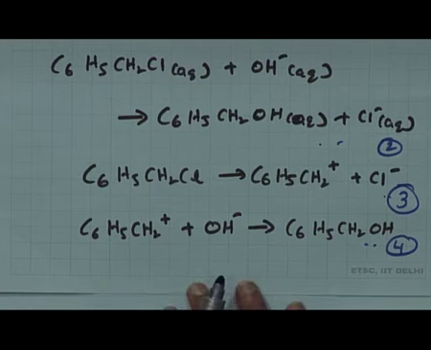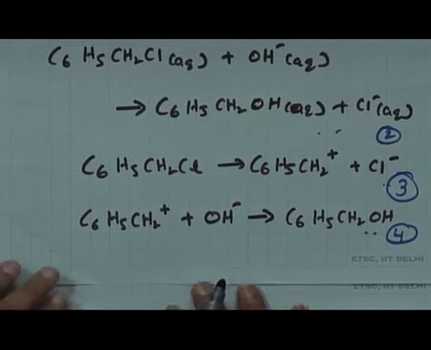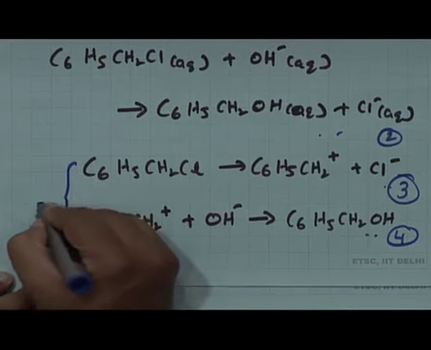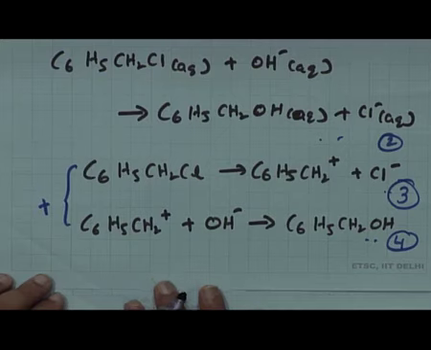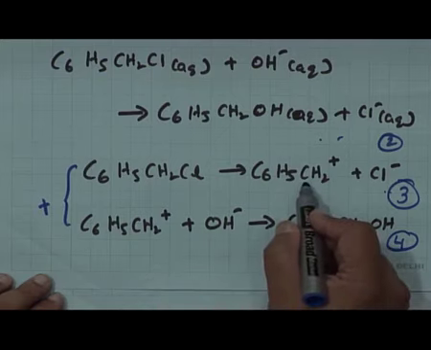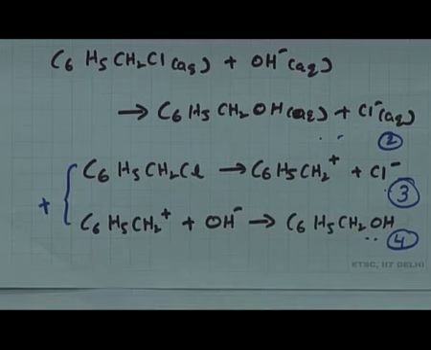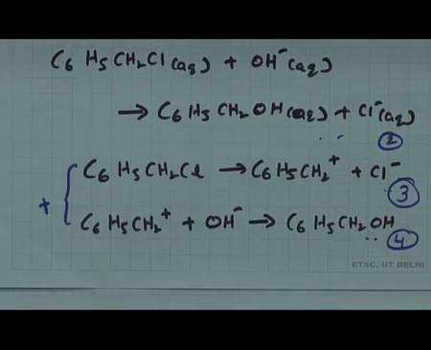Before I move on, if I take these two reactions and add them, you will see that this cation gets cancelled out from both the sides and you are left with the balanced chemical equation which you started with.